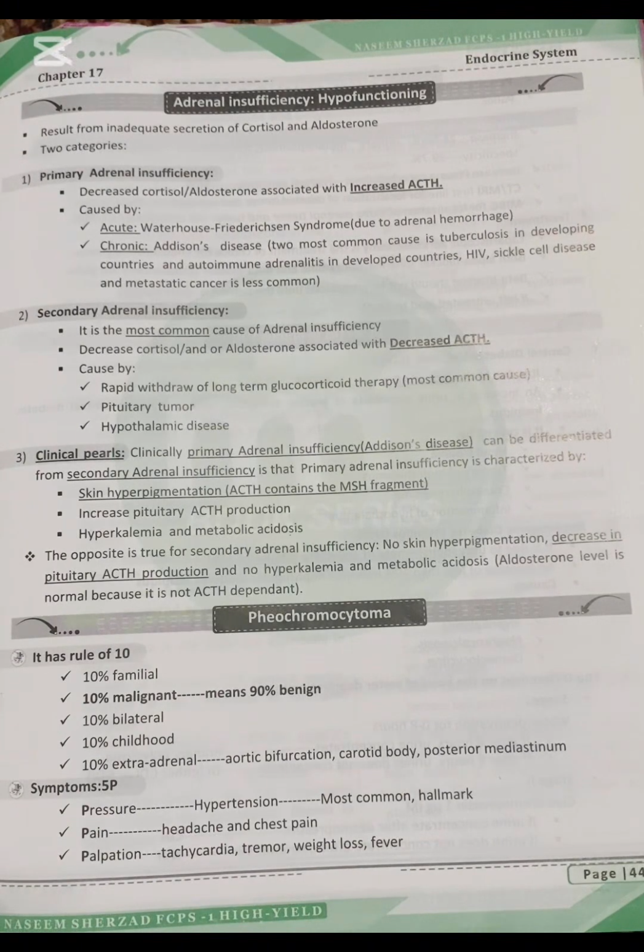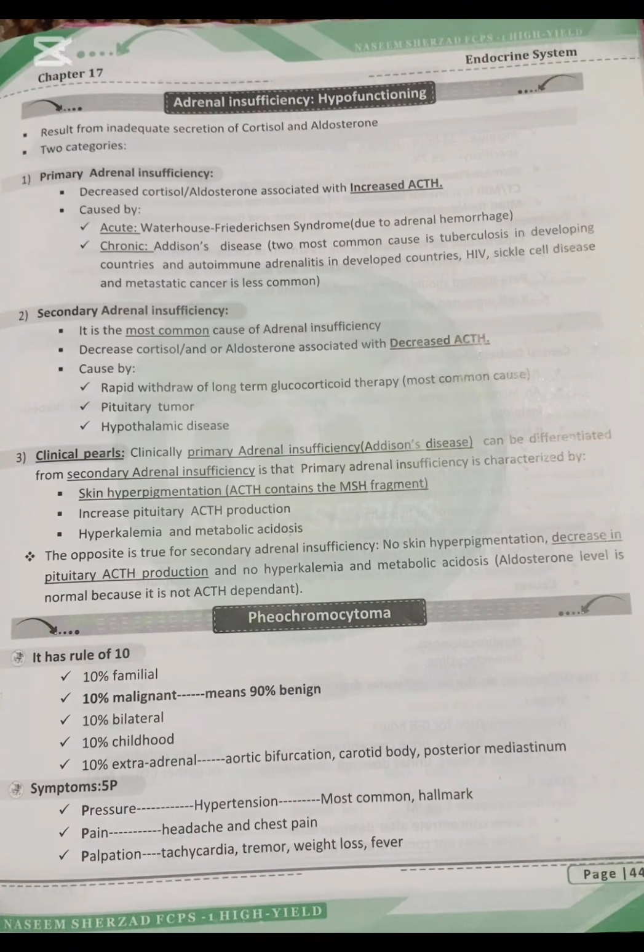And the presentation can be remembered by 5 P's, that is the blood pressure, hypertension, this is one of the hallmarks. The other is pain. Pain means there will be headache, they can have chest pain, tachycardia, tremor, weight loss, and fever. You know, all these are related to adrenaline.